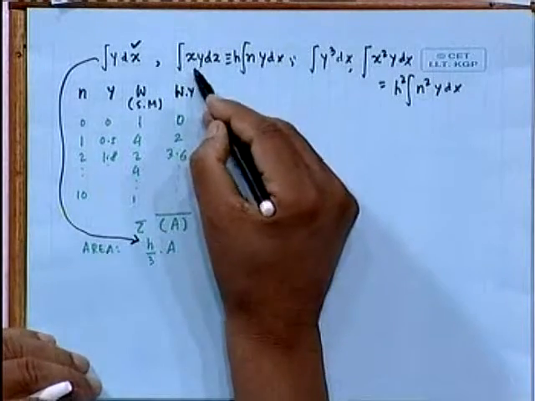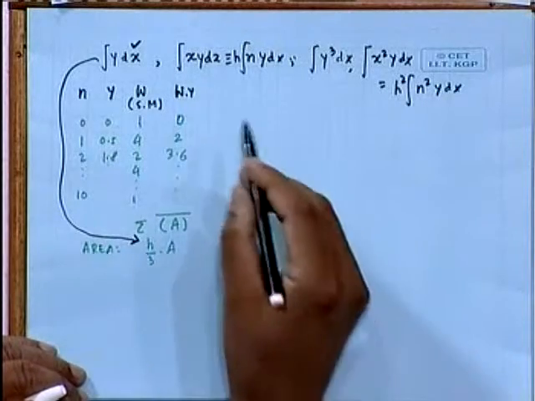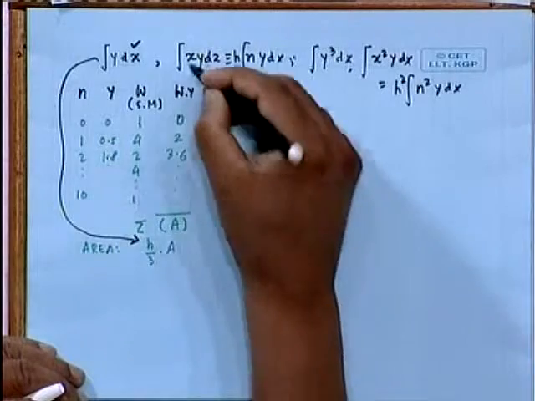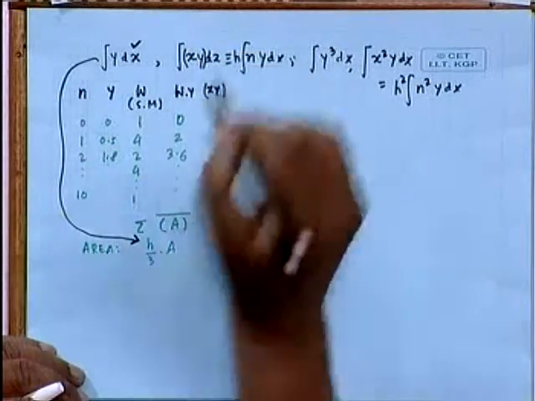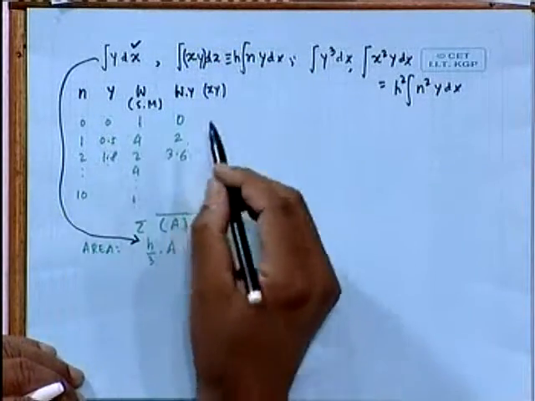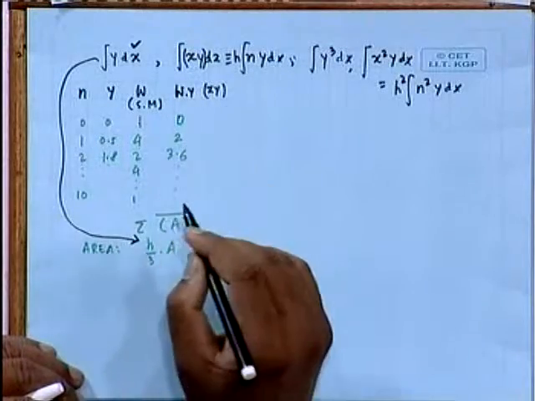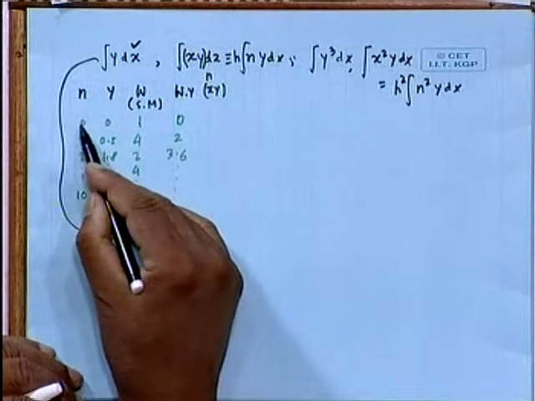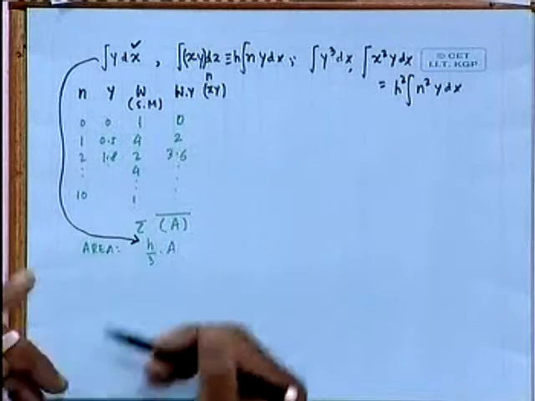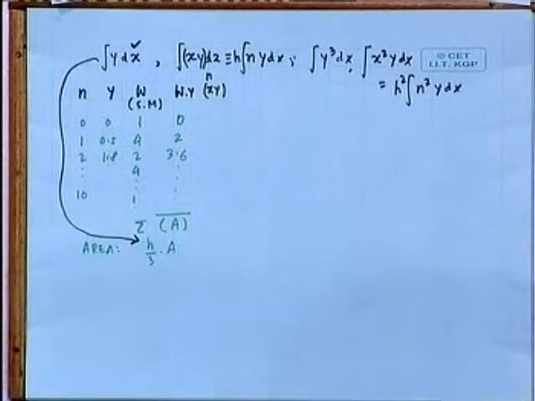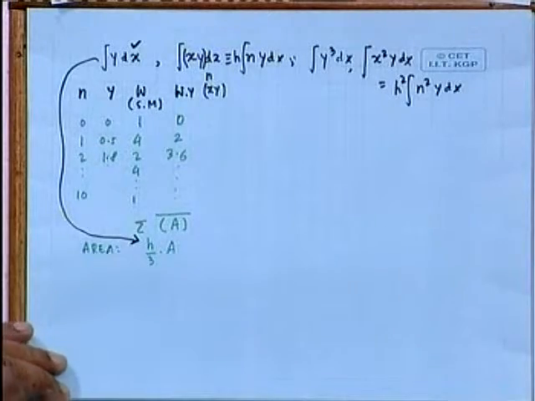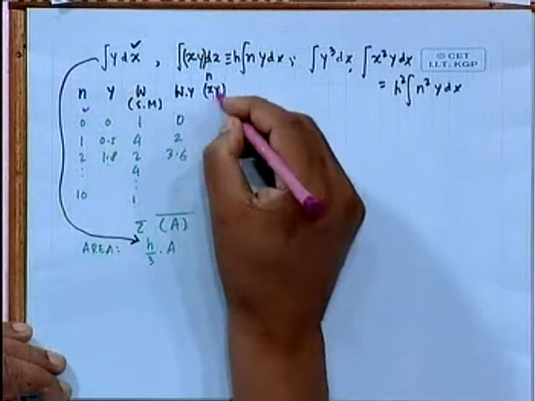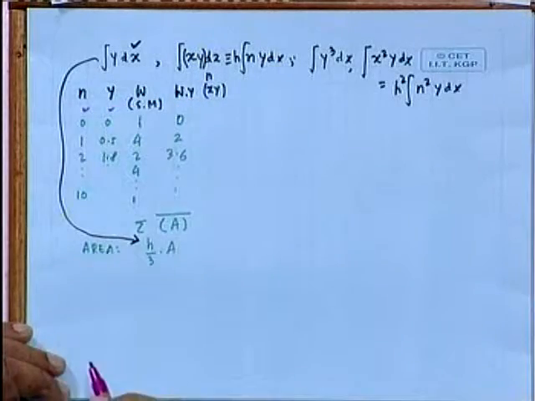Now let us come to this one. What should we do? My ordinate is here, x, y. This is my ordinate. Remember, as I said, this is my ordinate. So x, y is essentially ny. So basically I replace that with n. That means I am doing this into this. So this is, let me take another color here, multiplication of this column with this column.